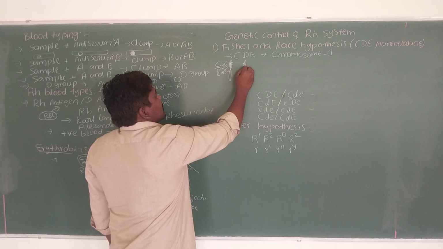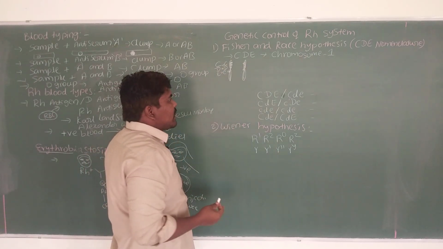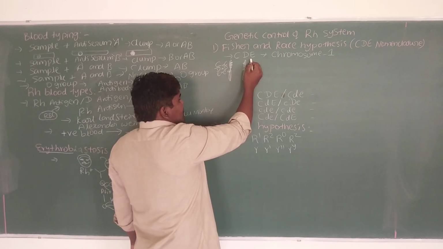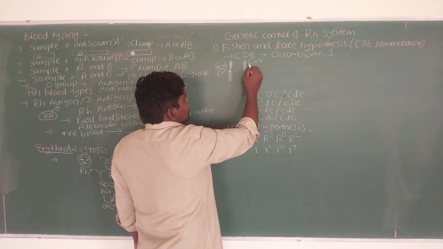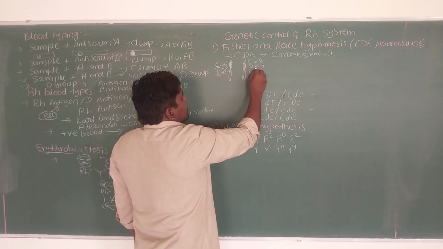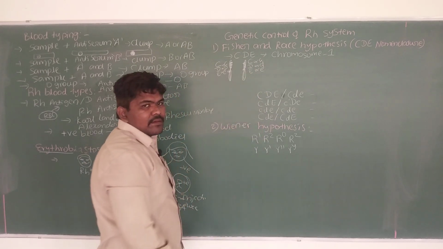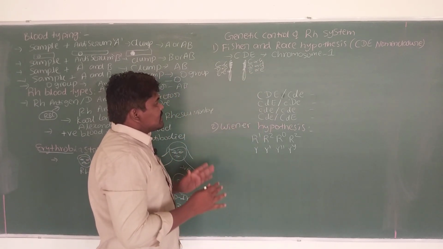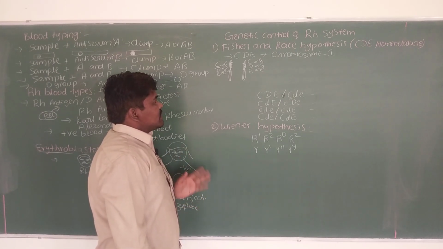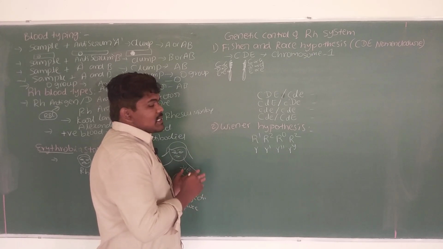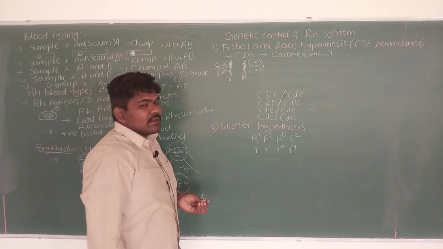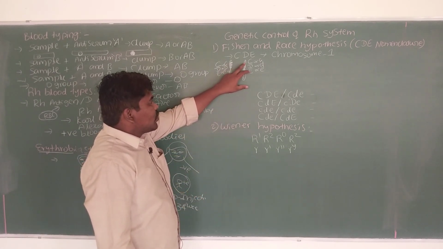Here also at different loci of another homologous chromosome, you can see capital C or small c allele, capital D or small d allele, capital E or small e allele. Okay, total 6 alleles are there. 2 C's, 2 D's, 2 E's. Capital C small c, capital D small d, capital E small e. Those are present at different loci.